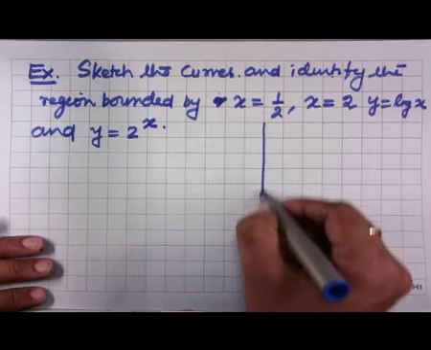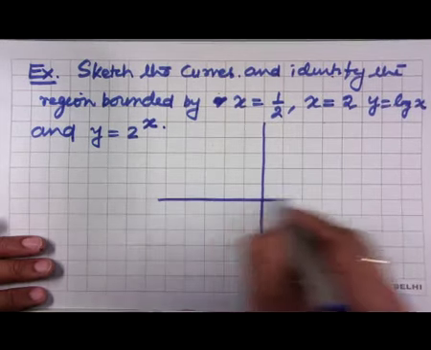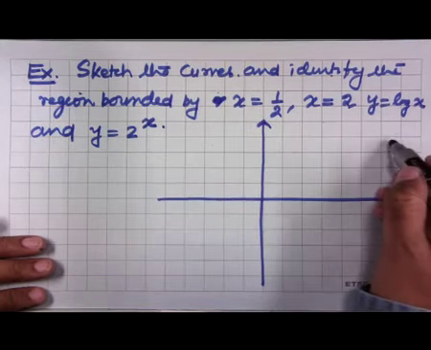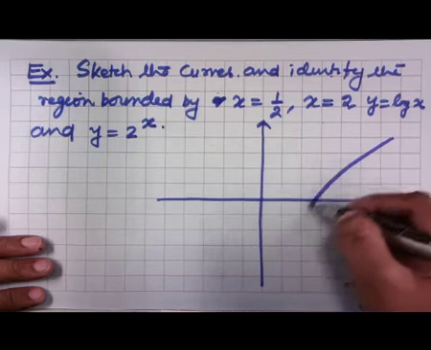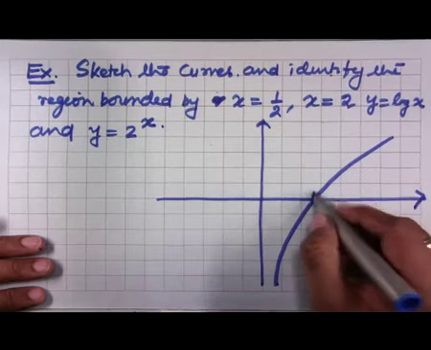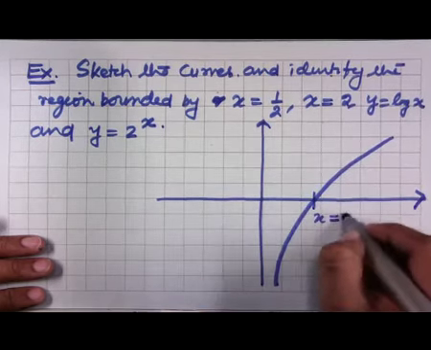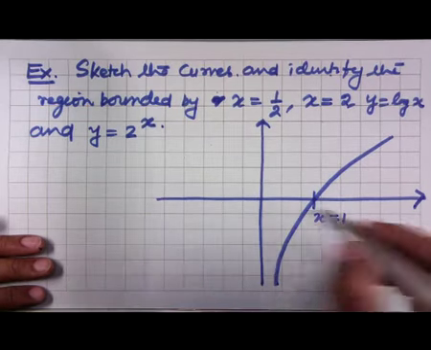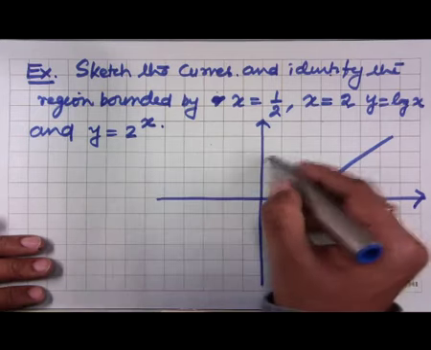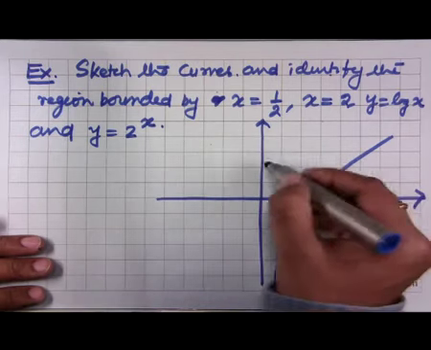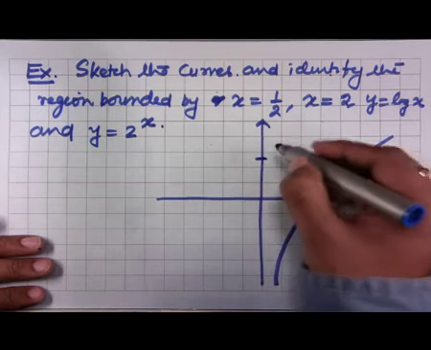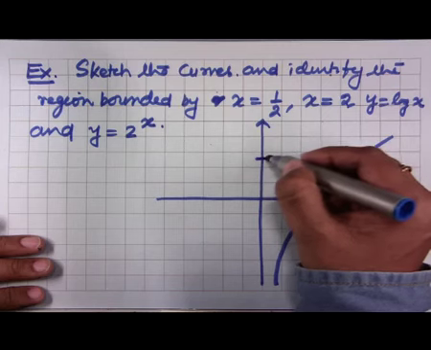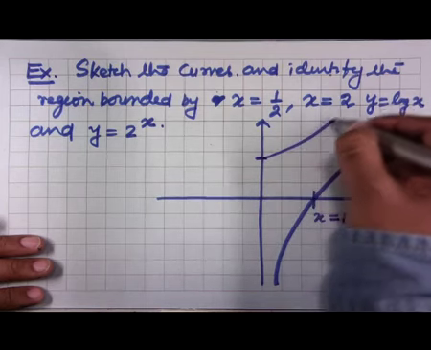So if you plot the region, log x is drawn like this. This is x equals 1, and then 2 to the power x, at 0 it is 1, and when x increases its value increases, so it goes like that.